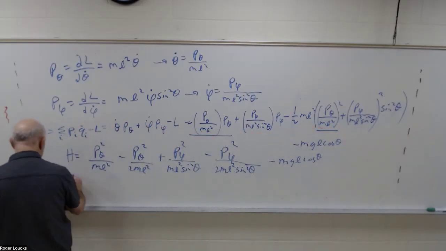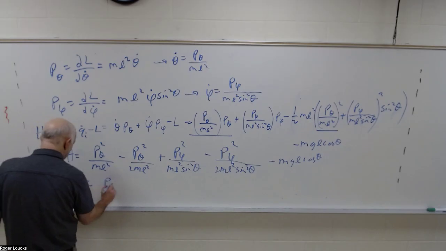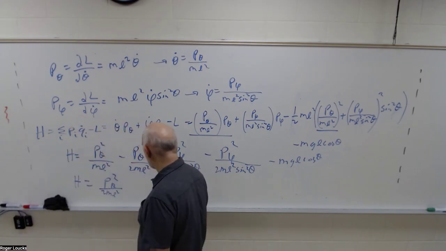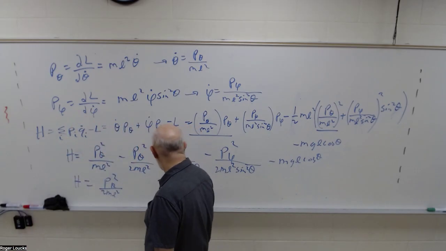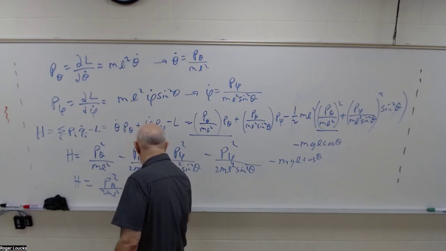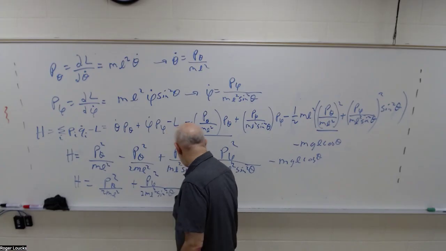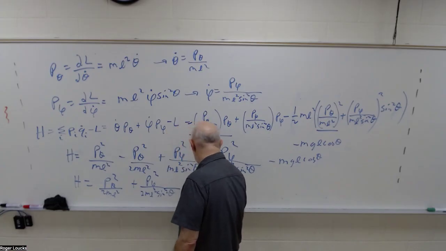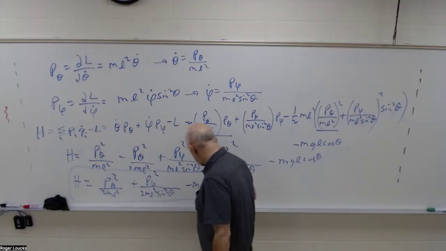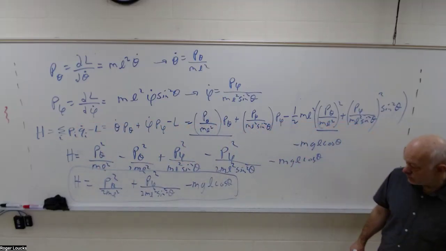Group these terms together. So H is p theta squared over 2 m l squared. And then what happens here? This term here is 2 over 2, so this would be p phi squared over 2 m l squared sine squared theta. Then minus mgl cosine theta. That right here is my Hamiltonian, because it only depends on the q's and the p's.